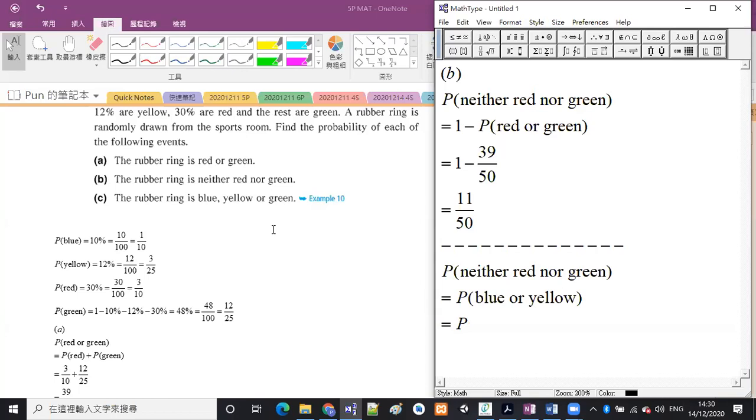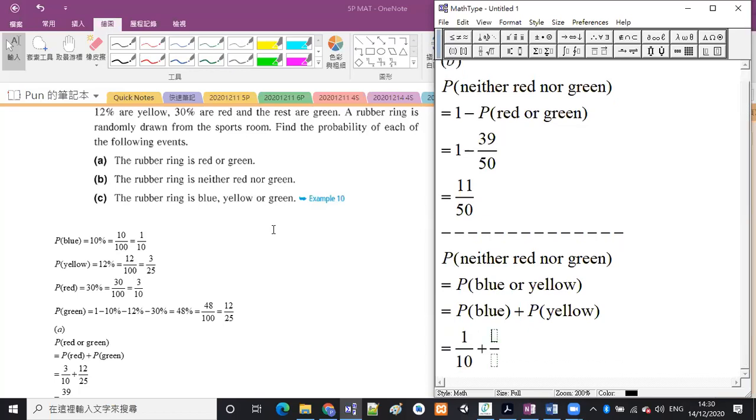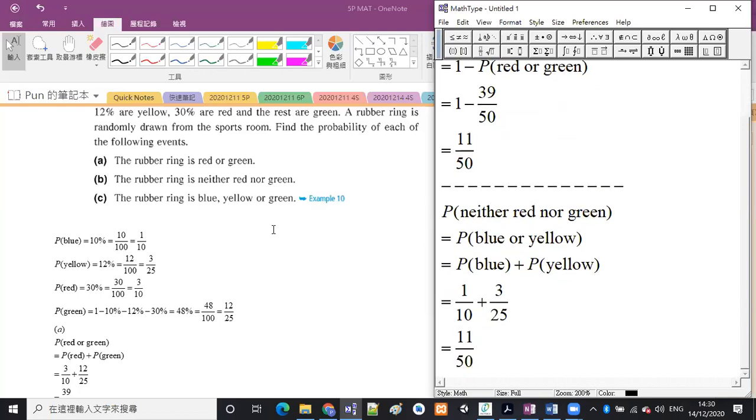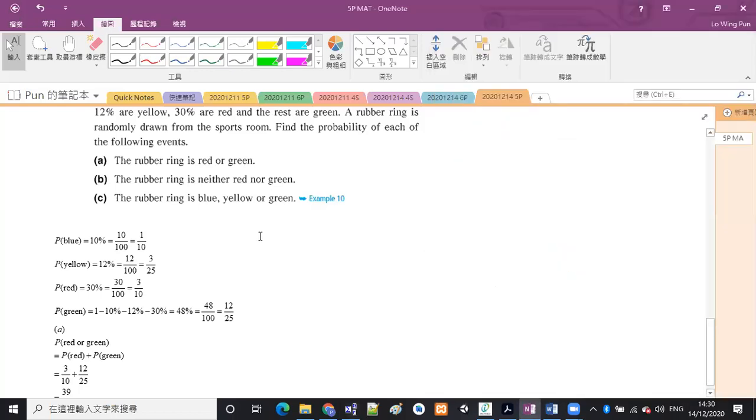It's actually equal to P blue plus P yellow. And it will be equal to 1/10 plus 3/25, and that will be equal to, again, 11/50, same answer. So there will be two methods here.